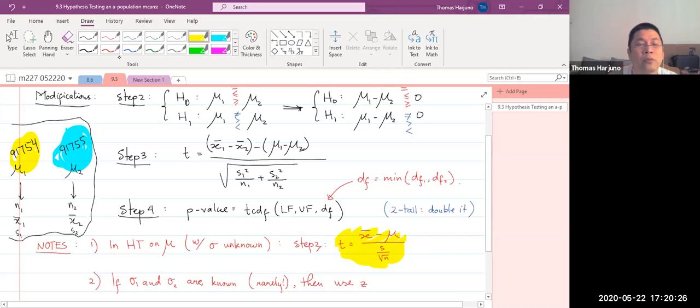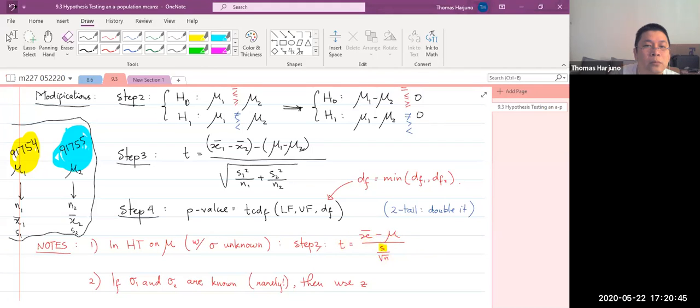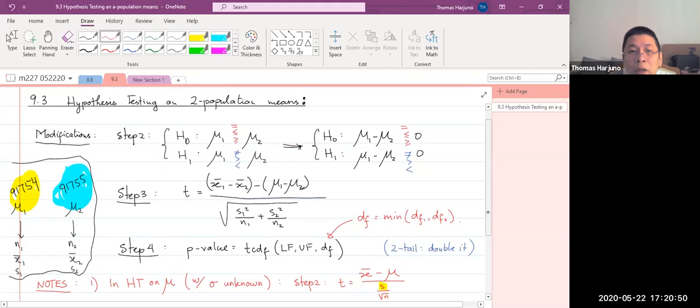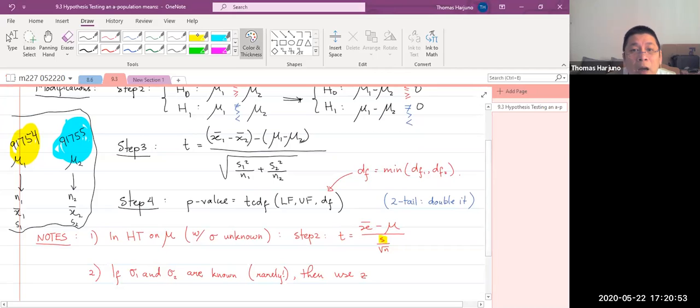That was from 8.5. That's the formula. Notice that I modified this so that this guy here becomes x bar 1 minus x bar 2. Okay, and my mu here becomes mu1 minus mu2.